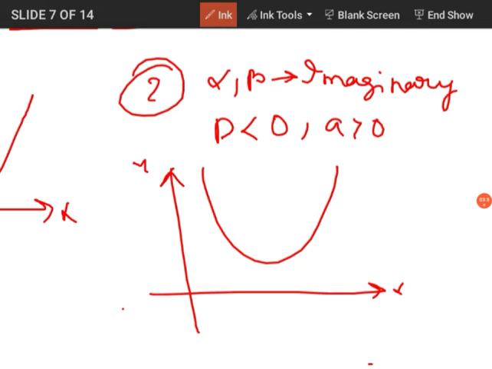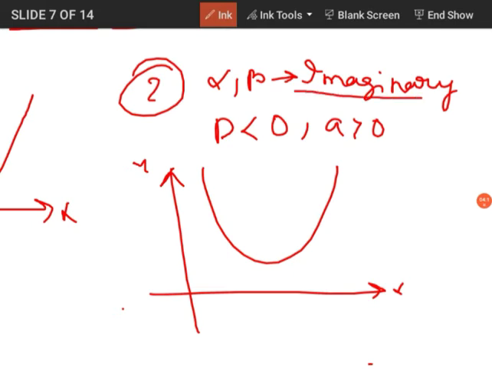Now again you may have the question: what is an imaginary number? For now you can understand it as something that cannot be represented on the number line. The most basic definition of imaginary numbers is numbers that cannot be represented on the number line.